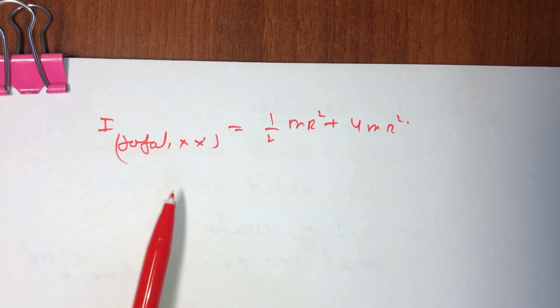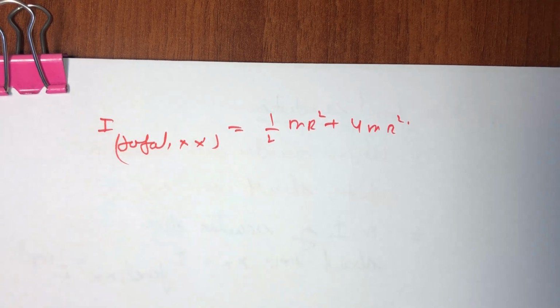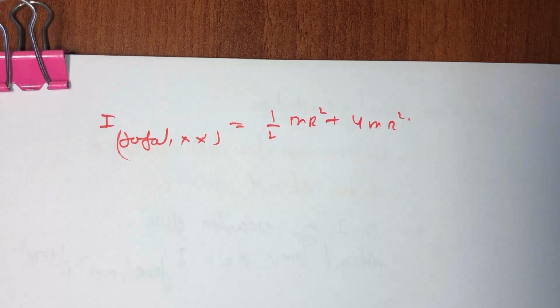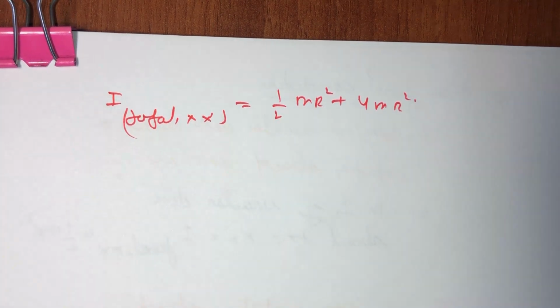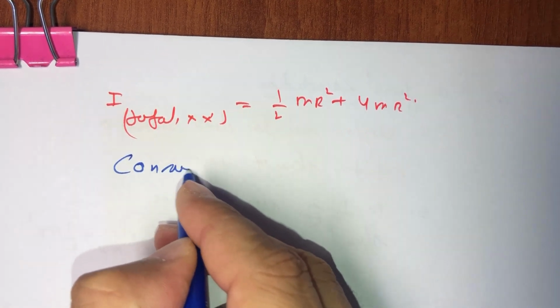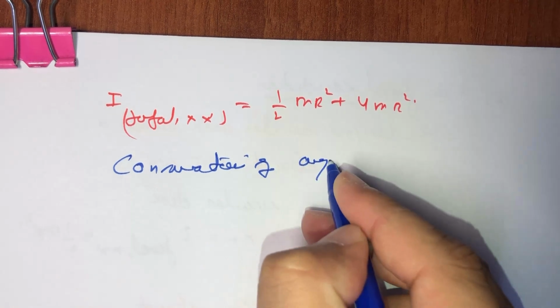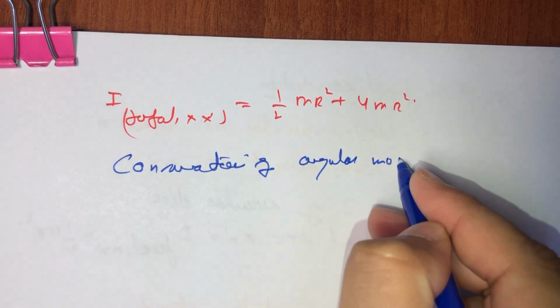So we got the moment of inertia for the initial condition as well as the final condition. Now we are going to use the conservation of angular momentum.